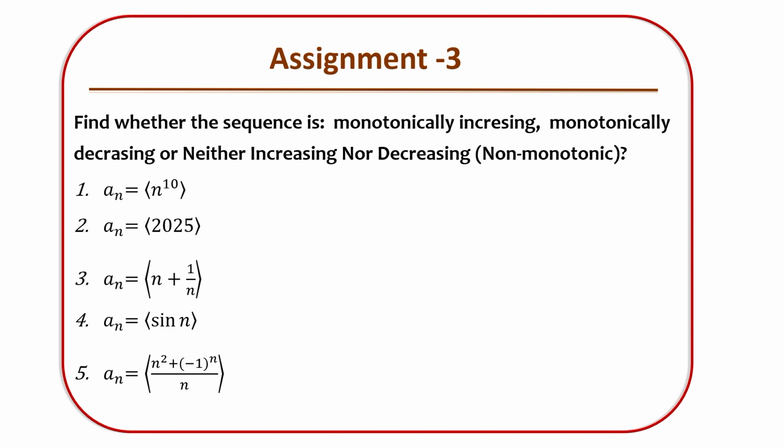Similarly, find whether the sequence is monotonically increasing, monotonically decreasing, or neither. That means it is neither increasing nor decreasing, which is also called non-monotonic. This is quite easy to do, and sometimes you have to remember that whether it is monotonically increasing or decreasing totally depends on the differences between its consecutive terms.